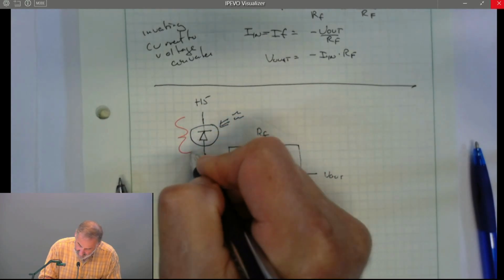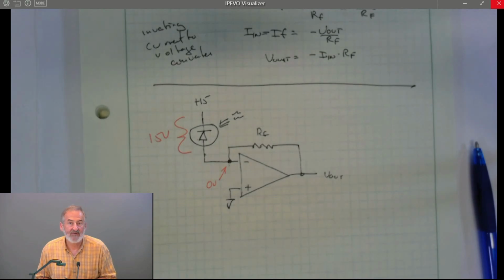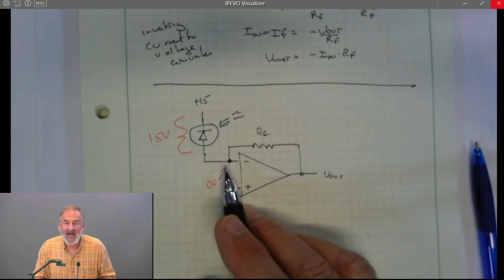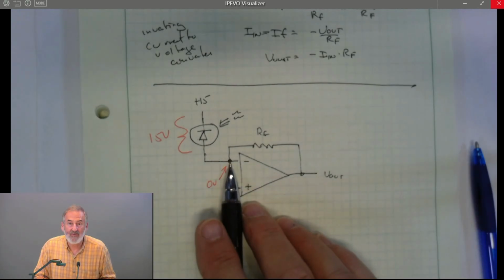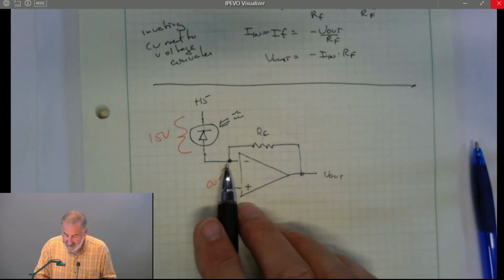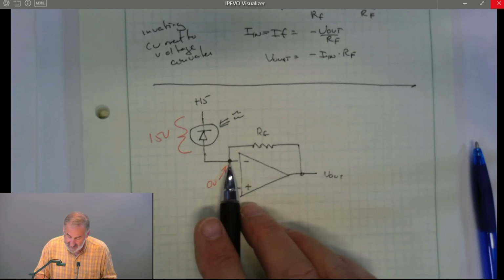So the voltage across our device is 15 volts, and it doesn't change when current flows through it. That makes it a better current source. This current source has very high output impedance. That's the definition of a current source, and it's looking into a very low impedance. So there's no effect on the current source by the input impedance of the circuit. The circuit is connected to ground.